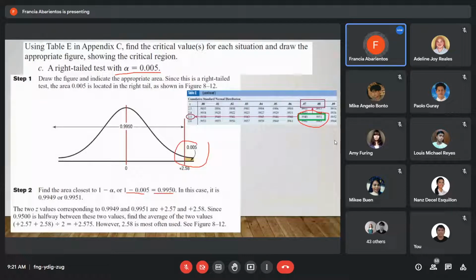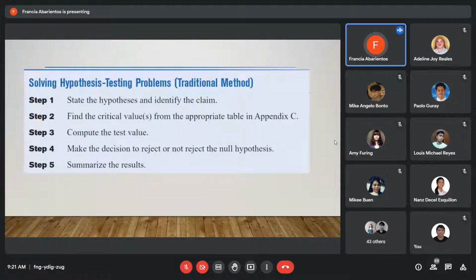The two values corresponding to 0.9949 and 0.9951 are positive 2.57 and positive 2.58. Since 0.995 is halfway, we make use of this positive 2.575. However, 2.58 is most often used. Okay, na-round off.